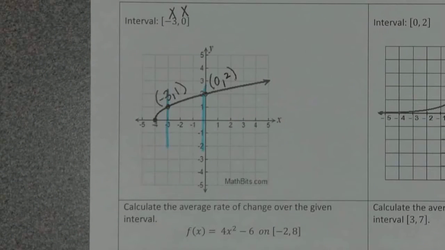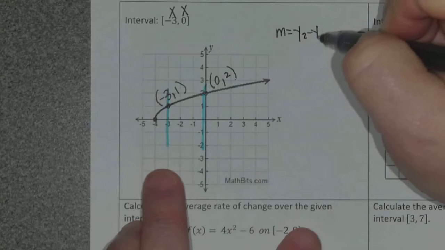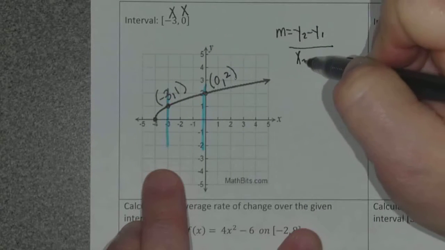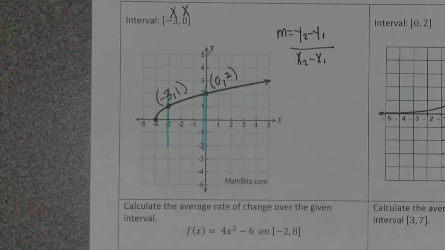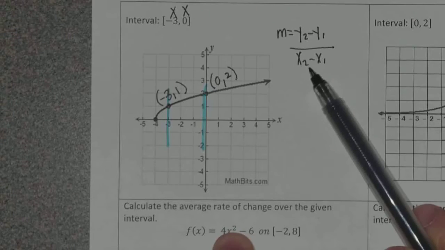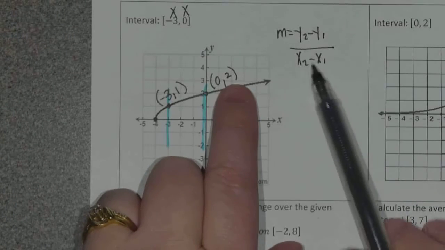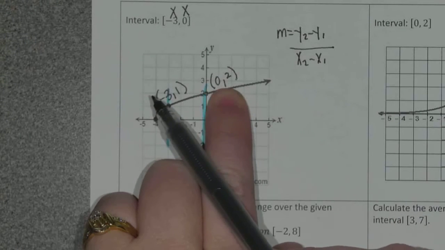Now that I have my two ordered pairs, guess what I can do? Plug them into the formula, right? So again, I'm just going to rewrite the slope formula for you, even though when we do average rate of change, they usually write the formula a little bit different in function notation. I'm still just going to use the slope formula because you remember what it looks like. So let's go and plug things in. Is it okay if I call this my second ordered pair and this my first ordered pair?